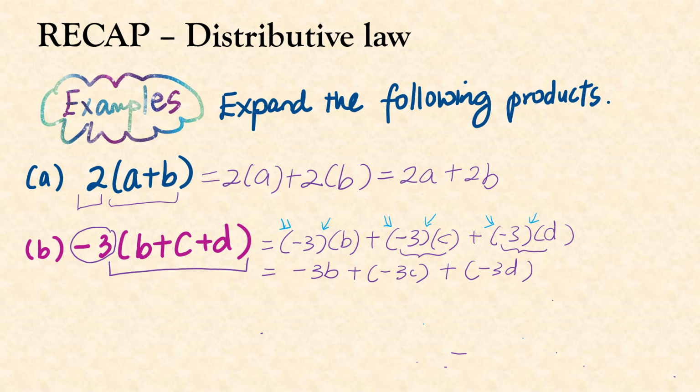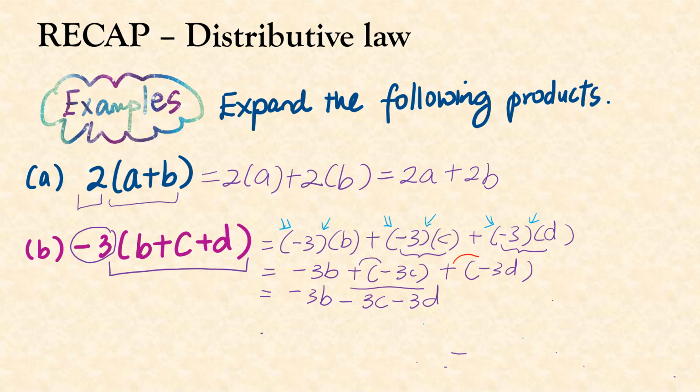The next step is that we have to open up the brackets here. Positive times negative will give you a negative, so we have negative 3C. Likewise for this one, positive times negative will give you a negative, so you will get negative 3D here. This is how you apply the distributive law.